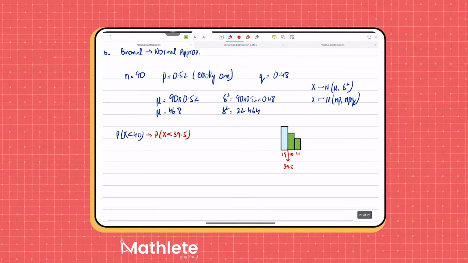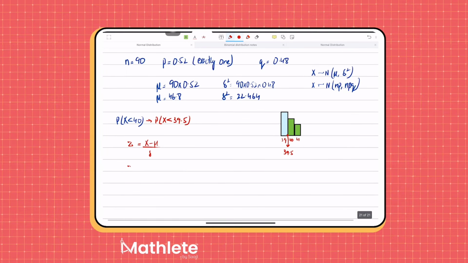Once this is done, the next thing that you have to do is use the formula. And what's the formula? Let's write that down. First, you will have to calculate the z-score, which is x minus mu over sigma. That means z is going to be equal to 39.5 minus the mean, which is 46.8, upon the standard deviation, which means square root of 22.464.